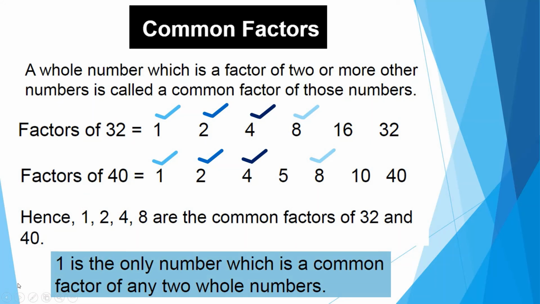And also 1 is the only number which is a common factor of any two whole numbers. I repeat, a whole number which is a factor of two or more other numbers is called a common factor of those numbers. Okay?